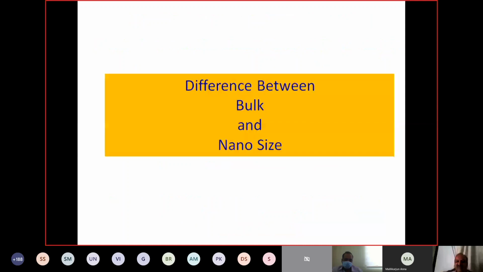So what is the difference between bulk and nano size? That is very important because we are always speaking about nano. It has a great impact even on society, because everything is coming in smaller and smaller sizes. So far the technology has developed very much.